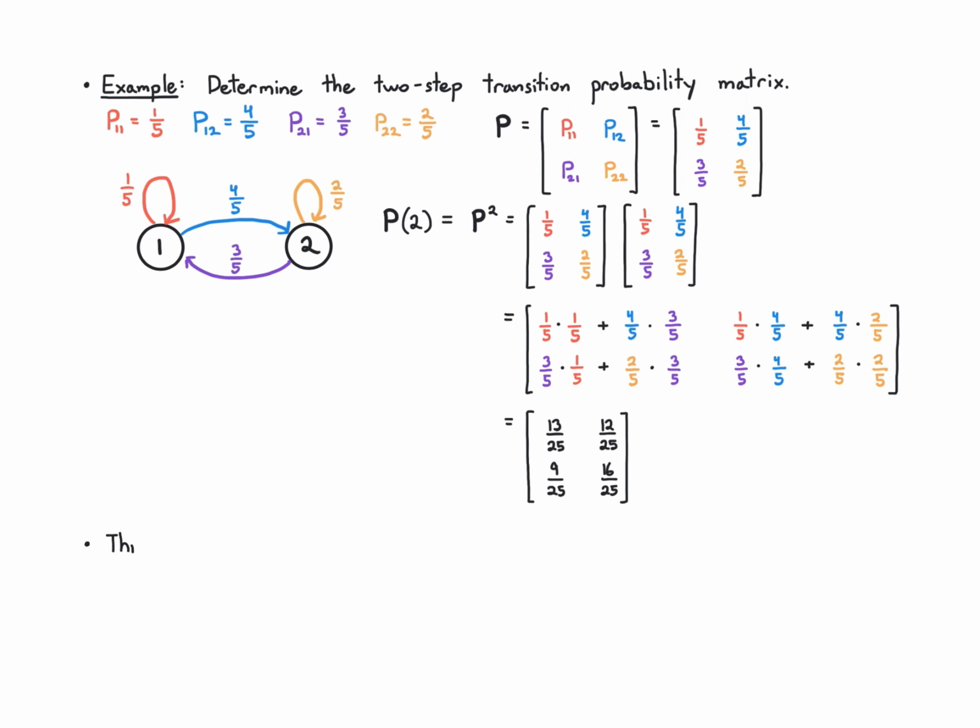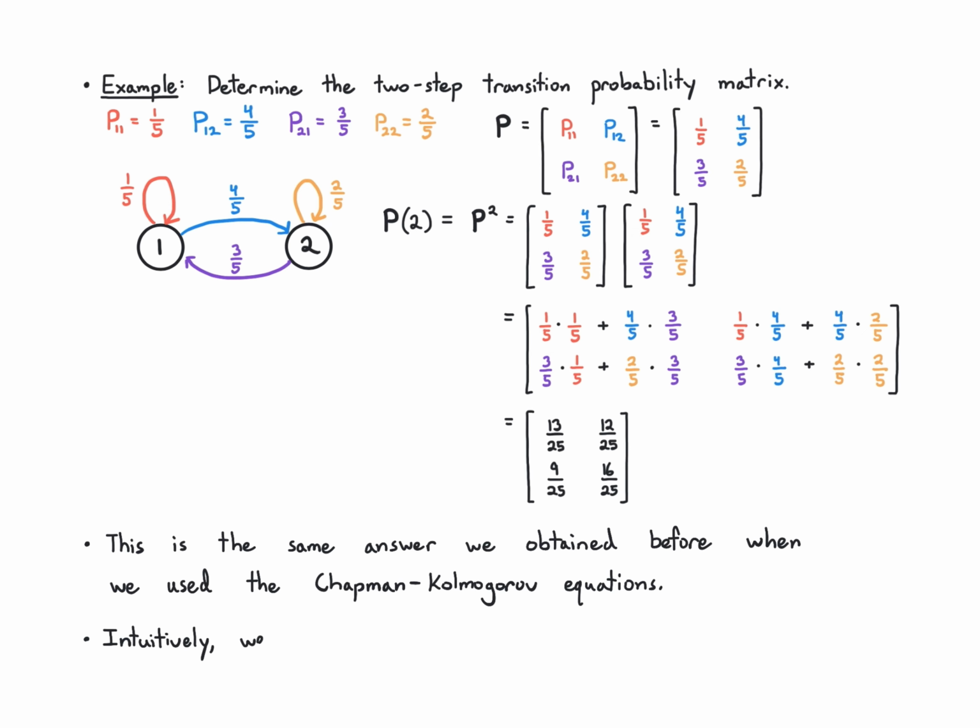If you remember, in the previous video, we did work out two-step transition probabilities, and we got the same answer. There we were using the Chapman-Kolmogorov equations without matrix representation. And here we use the matrix representation, but we got the same answer.